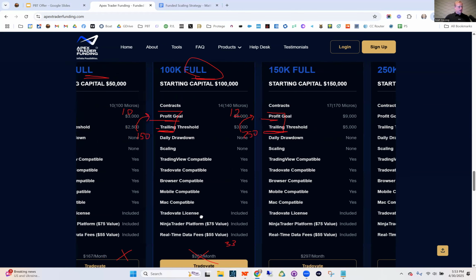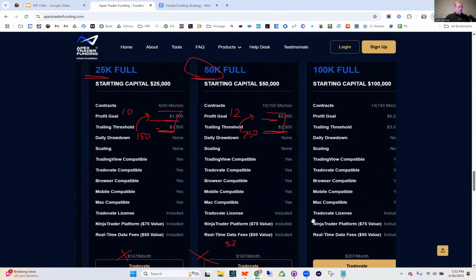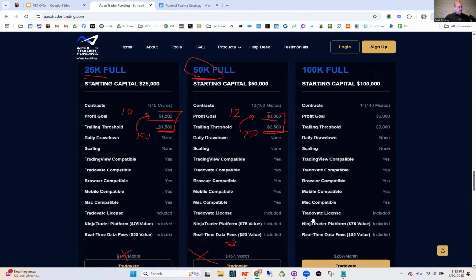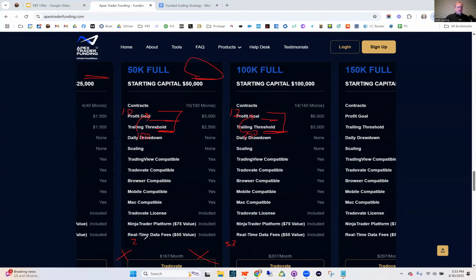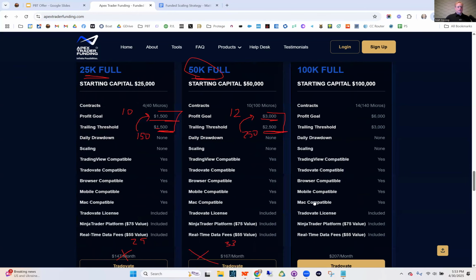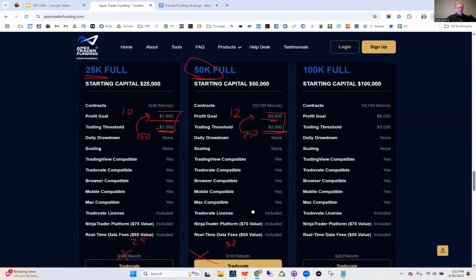Let me open up my calculator real quick. 147 times 80% off would be basically the difference between $29 and $33. So basically $4 a month, and you get double the buying power, right?